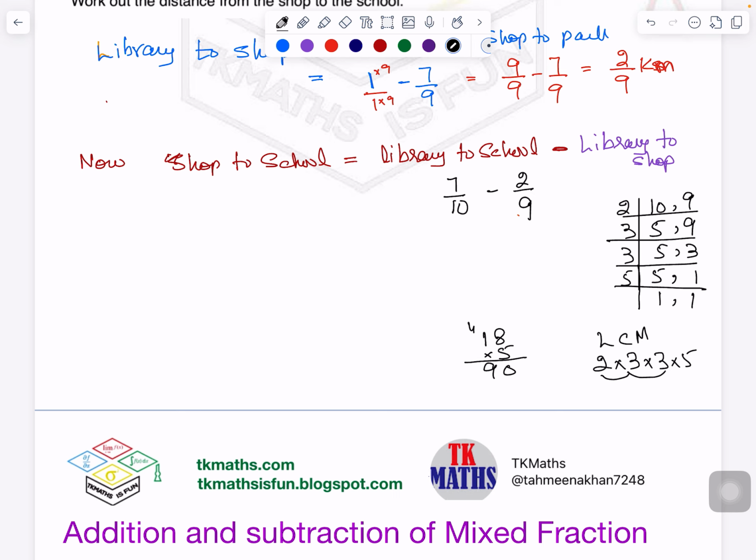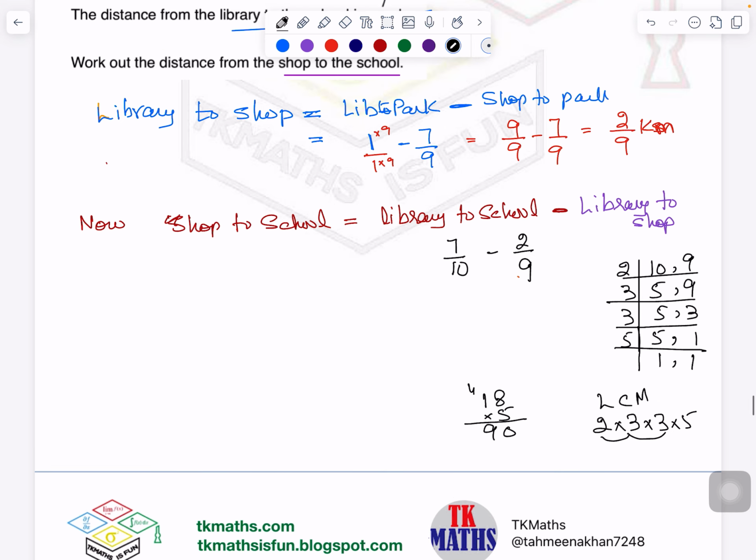So LCM is 90. So what I will do, I will multiply this by 9, then this also by 9, this by 10. And why I'm doing this? Because I have to make denominator 90. Absolutely right. So now I have 9 times 7 is 63/90, minus 2 times 10 is 20/90.